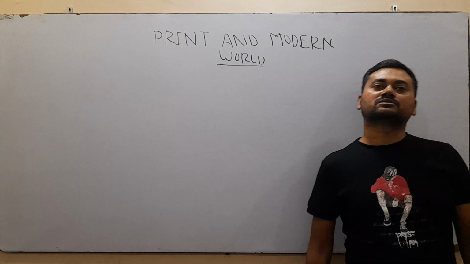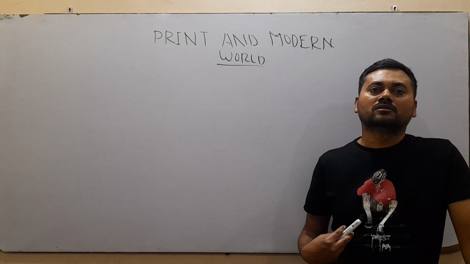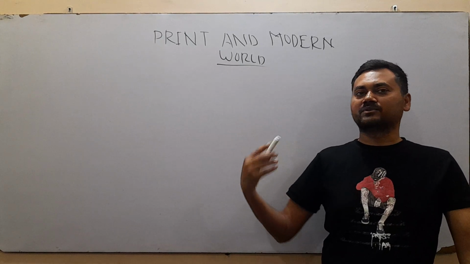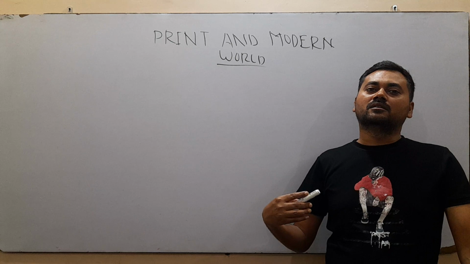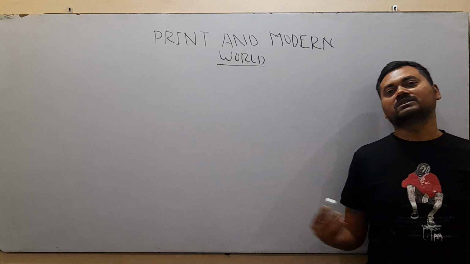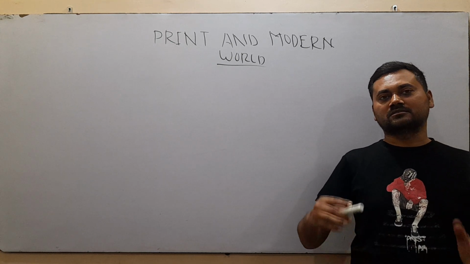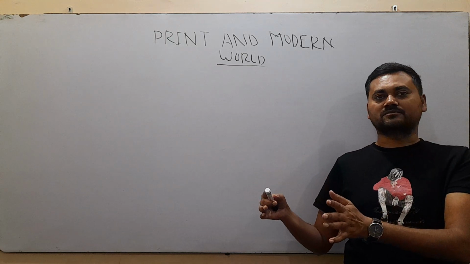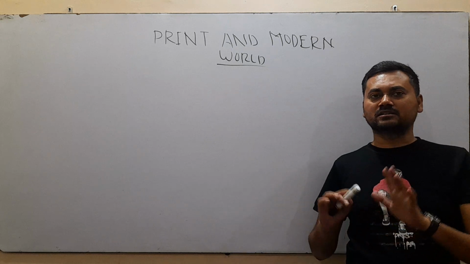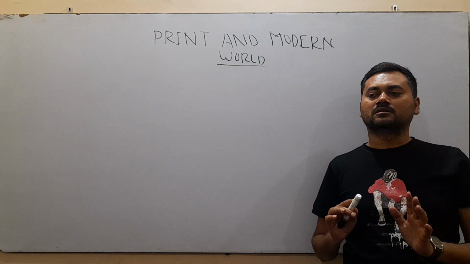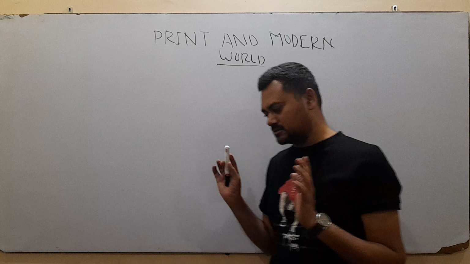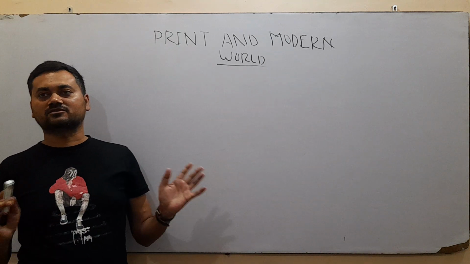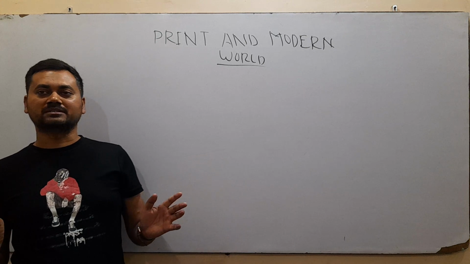What were those sectors or fields where the impact of print became visible, and how this brought the whole world into a completely different paradigm shift. We will be discussing in today's lecture, but as the chapter is quite lengthy, it would not be possible to complete.